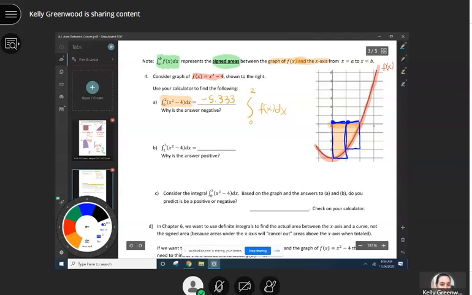Remember breaking them up into rectangles? So I chose 2 left rectangles. Remember, when you go to calculate your f of x, that's the height of the function. F of x is always the height of the graph. And d of x, the change in x, is like the width.